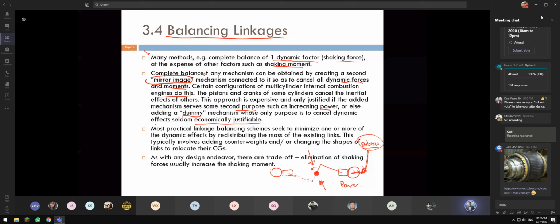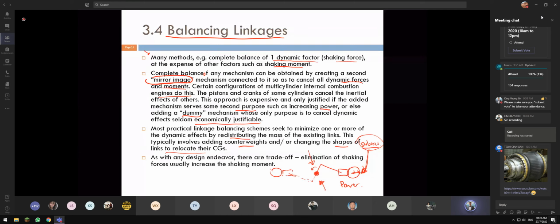Most practical linkage balancing schemes seem to minimize one or more of the dynamic effects by redistributing the mass of the existing linkage. These typically involve adding counterweights or changing the shape of the links to relocate their center of gravity.